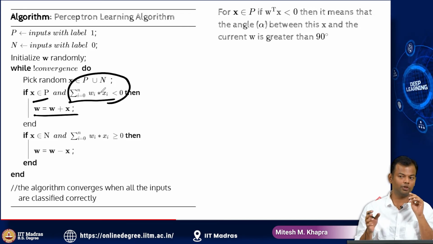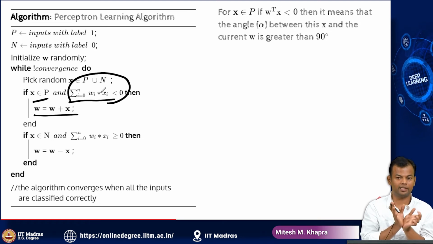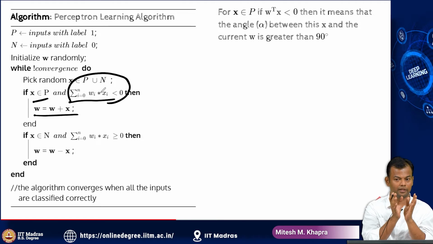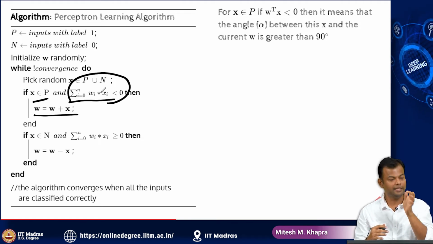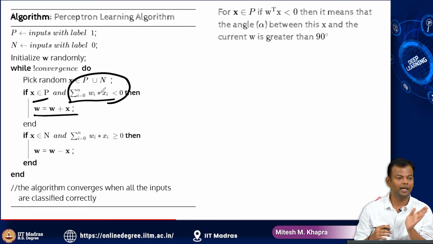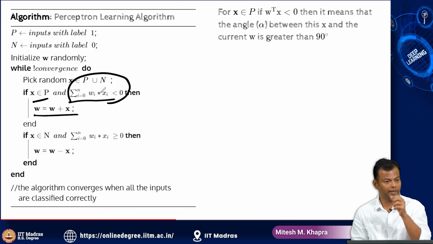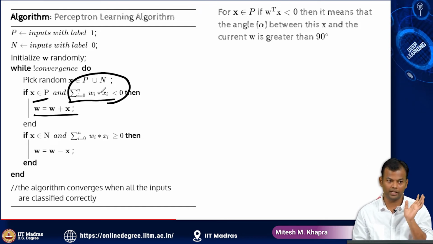So, what should my goal be if I am in this situation, that my W and X are such that the angle is greater than 90 degrees and I want it to be less than 90 degrees? I should try to adjust the W at least such that whatever is the current angle, that angle should decrease. It may not become less than 90 degrees at one shot, but at least it should decrease from where it is currently, because right now I am in a bad situation, right? That is what I should do.